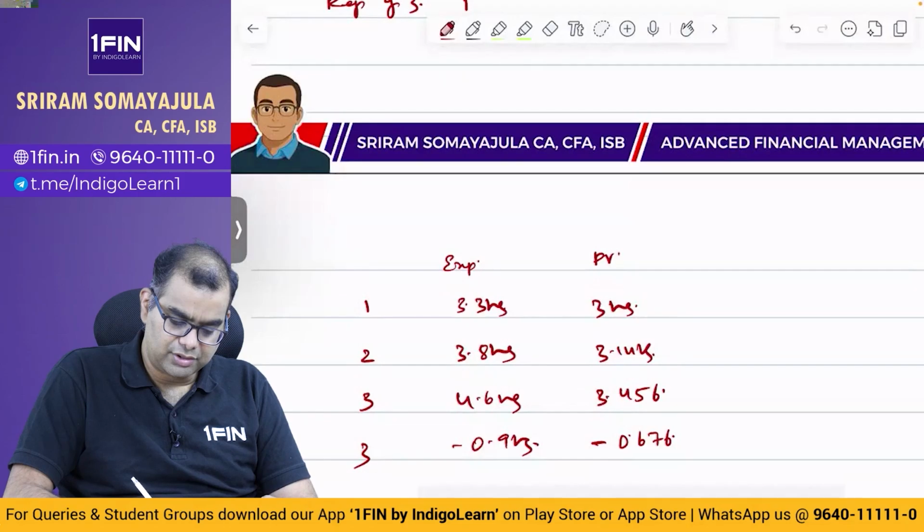If you do the EAC computation: purchase price, other costs, for replacement periods 1, 2, 3. This is 5.5, 8.92. This is 5.5, 4.4045.